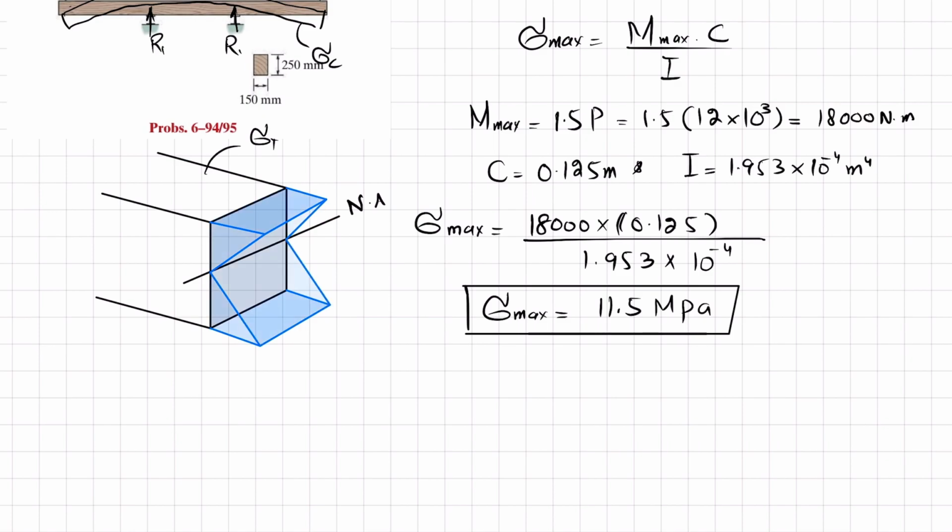So above we have tension, so if I draw a line like this, the upper one will be in tension, the stress will be like this, and the lower one will be in compression.